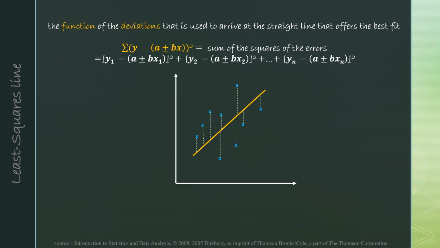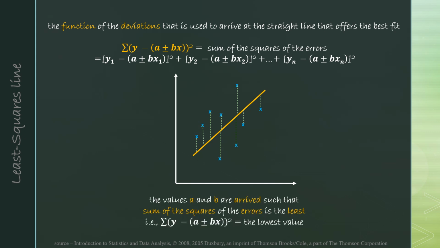When expanded, it equals y1 minus a plus or minus b multiplied by x1 the whole square, plus y2 minus a plus or minus b multiplied by x2 the whole square, and so on until yn minus a plus or minus b multiplied by xn the whole square. The values a and b for the best fit line are arrived at such that the sum of the squares of the errors is the least, that is, sigma of y minus a plus or minus b multiplied by x the whole square is the lowest value.